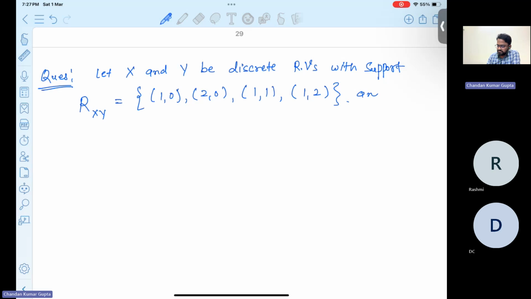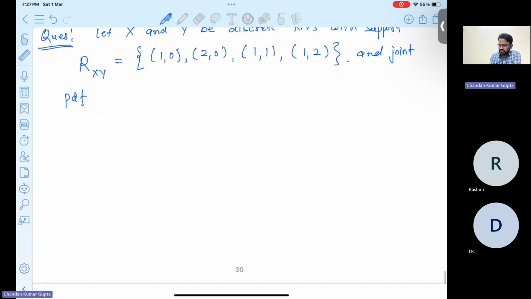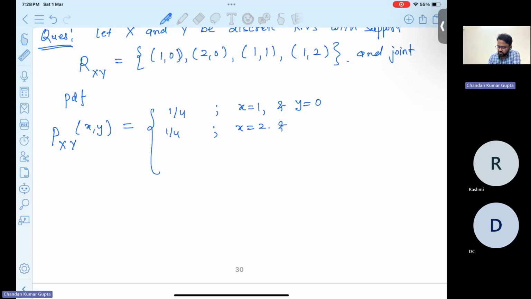And the joint PDF is given like this: probability that (X,Y) is 1 by 4 when X equals 1 and Y equals 0, again 1 by 4 when X equals 2 and Y equals 0, 1 by 4 when X equals 1 and Y equals 1, and 1 by 4 when X equals 1 and Y equals 2, and 0 otherwise.